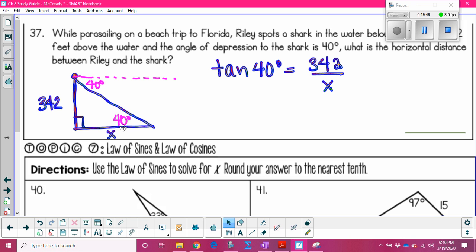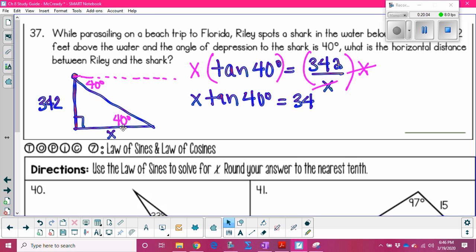To solve this, multiply both sides by x. Your x's cancel, so now you have x times the tangent of 40 degrees equals 342. At this point, you would divide both sides by the tangent of 40 degrees.